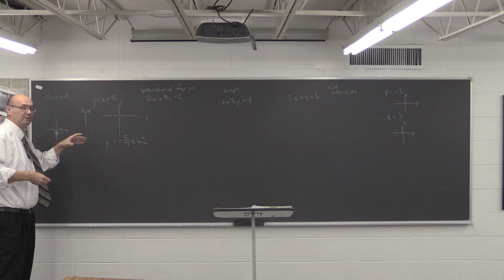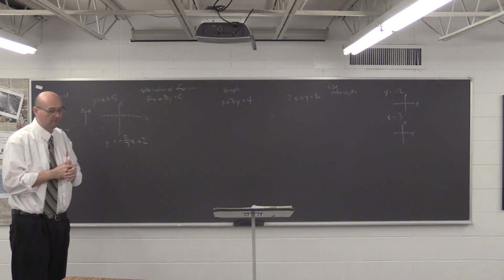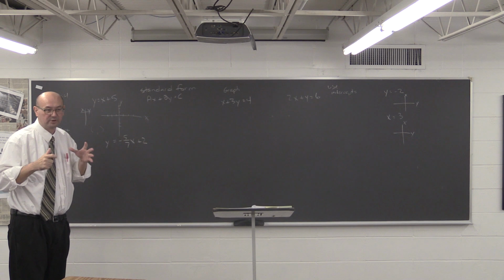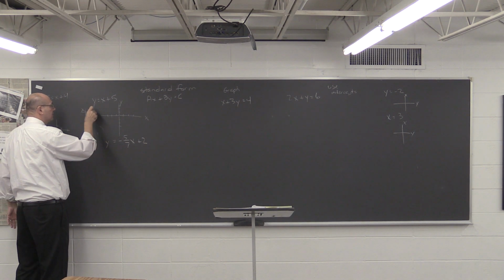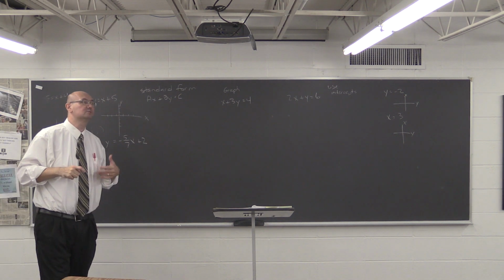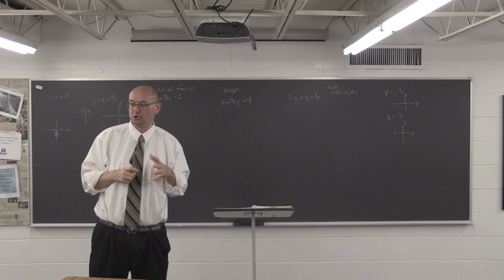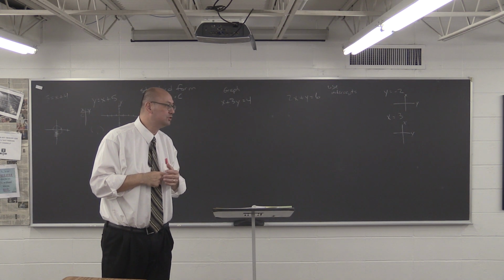So, here's what we do. Now, you're just going to do it automatically. Why? Because Mr. Graves said so, okay? Because I want you to. So, here's what we're going to do. We're going to let x equal 0, all right? We're always going to let x equal 0. Do you know why? 0 is the easiest number to do math with.